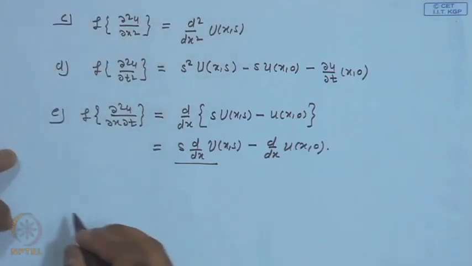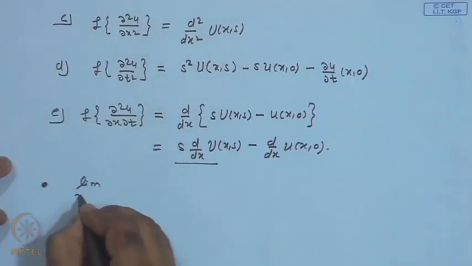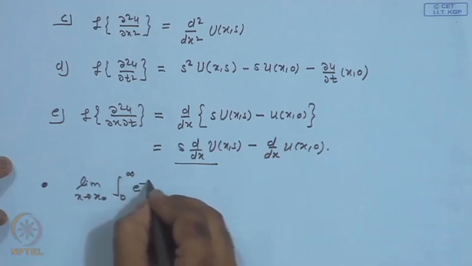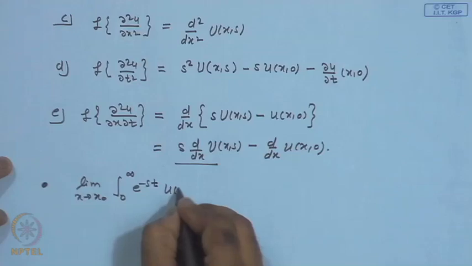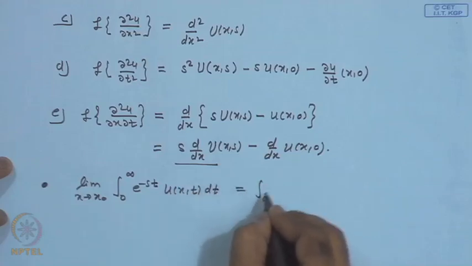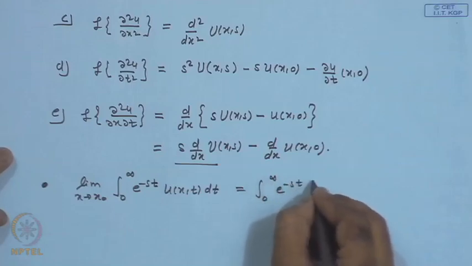We need one more assumption. That assumption is that if we take the limit x tending to x0 of the Laplace transform of u(x,t), which is the integral of e^(-st) u(x,t) dt, we can take the limit inside the integral.